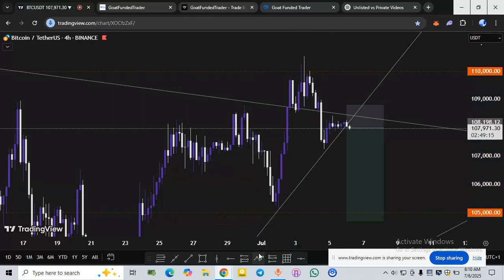Now after breaking out of that channel, I waited to see a retest of the channel, all right, to confirm that okay, this is an actual break, that this is not a manipulation, this is not a fake out. So price rejected, bounced from the channel. Now we took a buy position somewhere around this area.